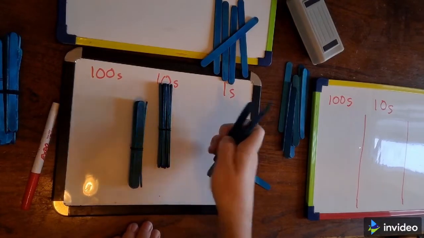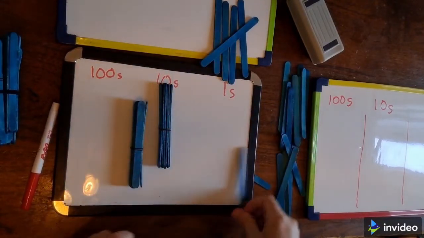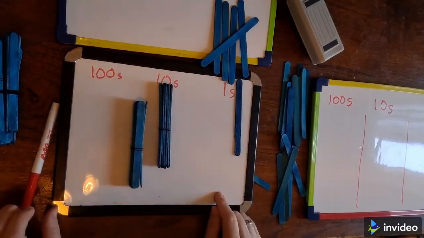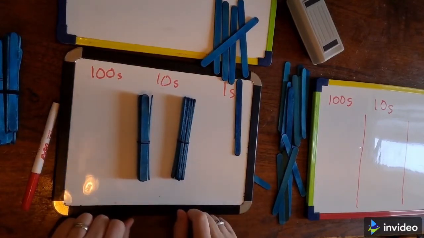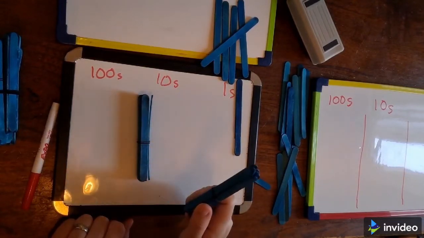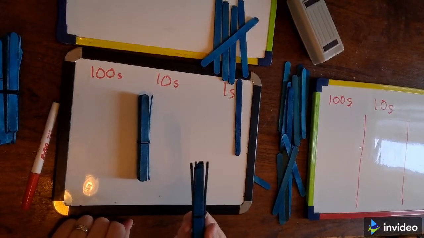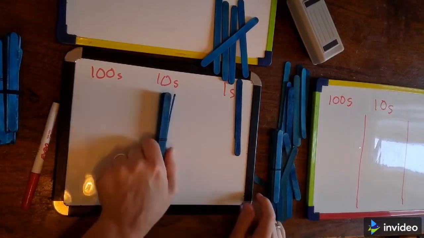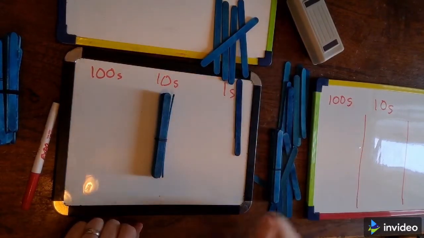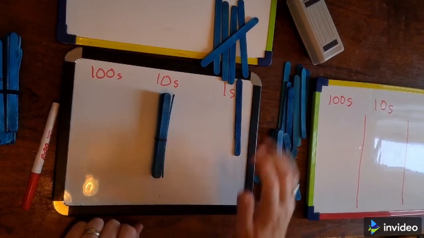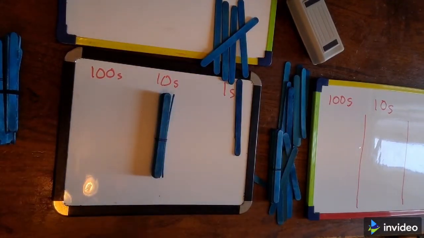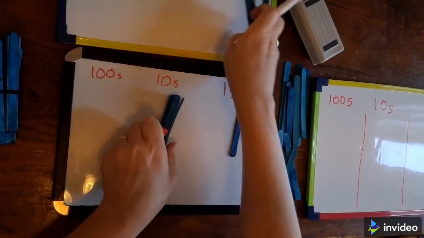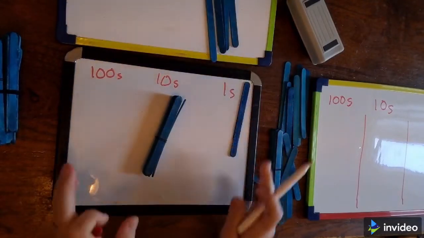So I can take away this 5. This leaves me clearly with 6. And then I need to take away one of these 1s that I had here. And I can take that away. And so I have 1 10 and 6 1s left. And the number is 16. And so that's at the concrete level.